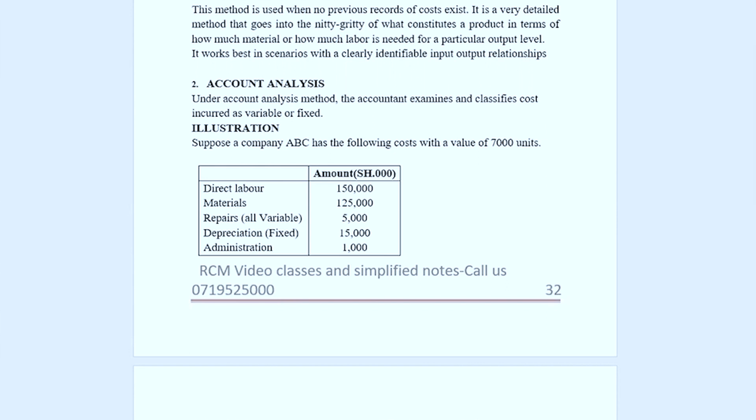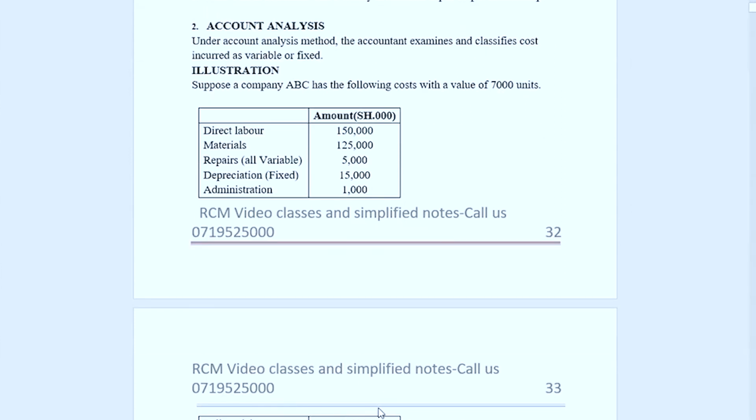Then, ladies and gentlemen, we have our administration expense, over 1,000. And then we have indirect labor. I hope you are able to see indirect labor down here. They're giving us a figure of 4,000.